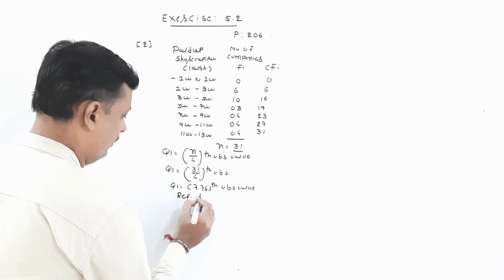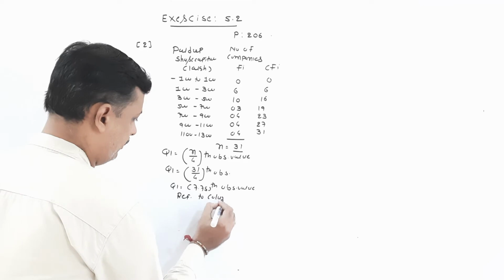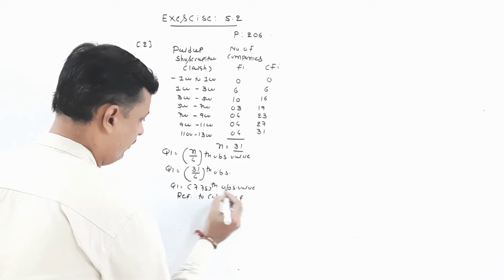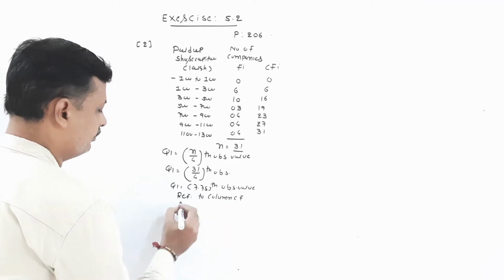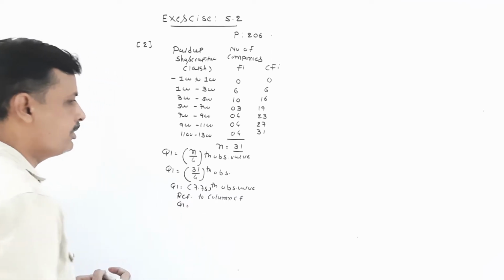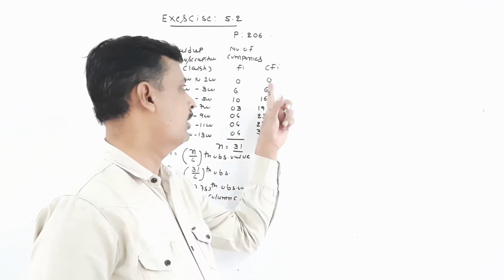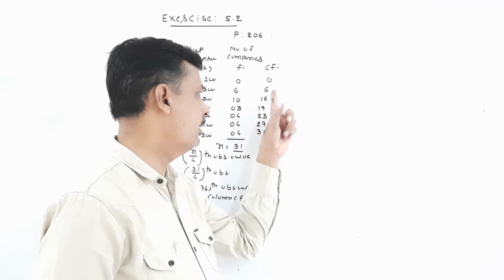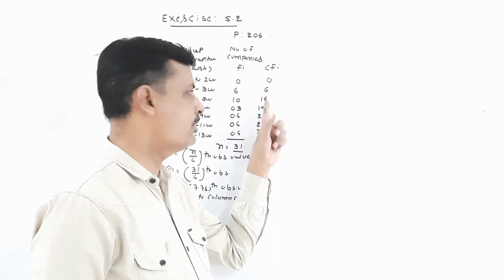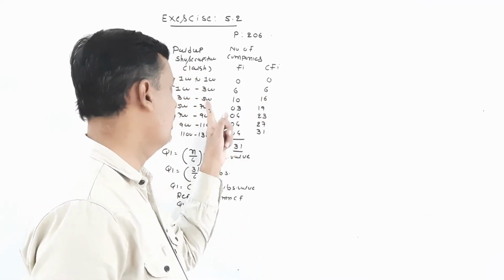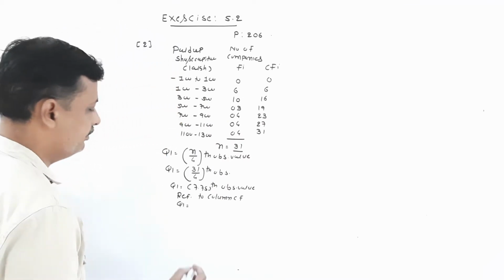Now referring to column CF, 7.75 is not possible in 0, not in 6, it will be found in 16, that is 300 to 500.